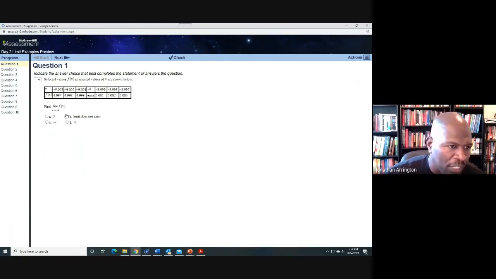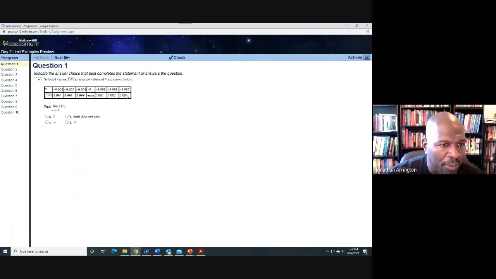So when the x values are very close to -9, if the f of x values are very close to some finite number, then we say that f of x is getting arbitrarily close to that particular number. So in this case, it's 5. That's from the left. We have to make sure there's agreement on the right. And if so, then that's going to be the answer.